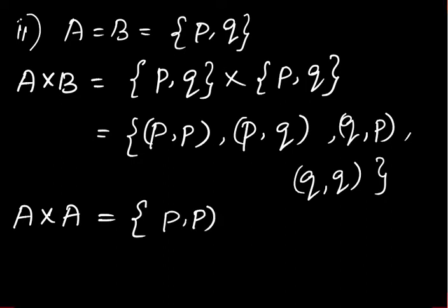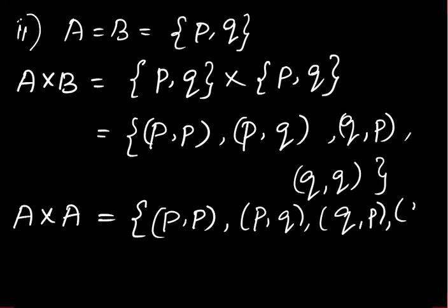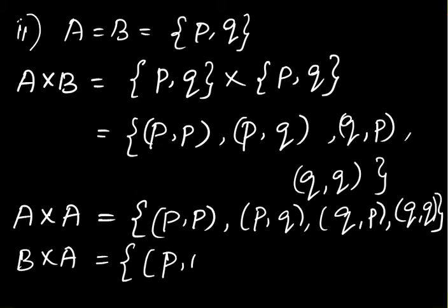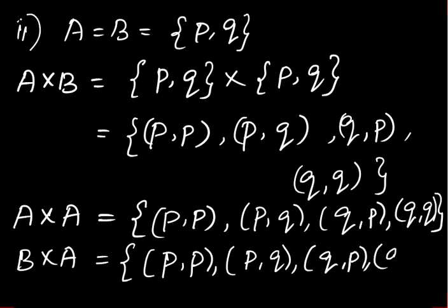So P comma P, P comma Q, Q comma P and Q comma Q. Next will be B cross A. It's again the same ordered pairs, P comma P, P comma Q, Q comma P, then Q comma Q.